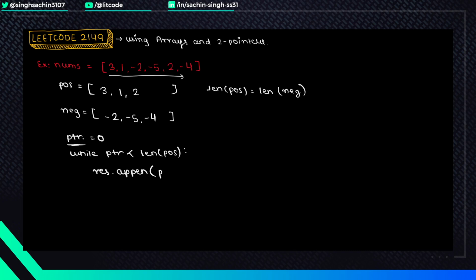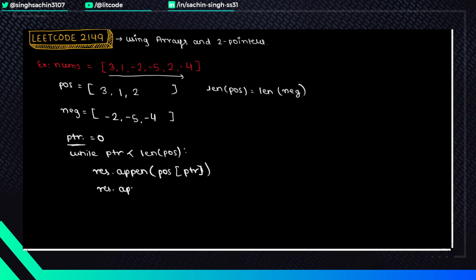For example, result.append(POS[PTR]) and result.append(negative[PTR]). And at the end, you will simply return the resultant array.